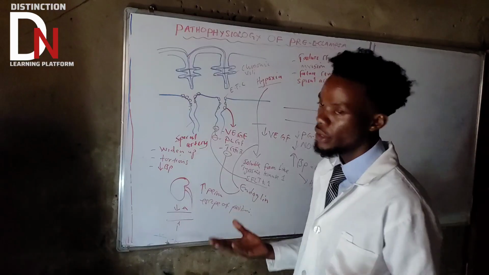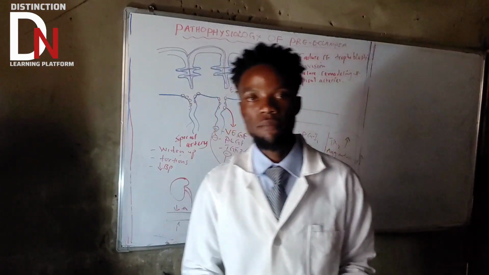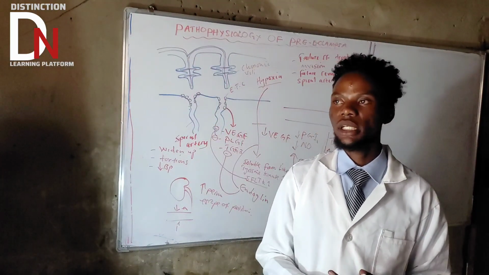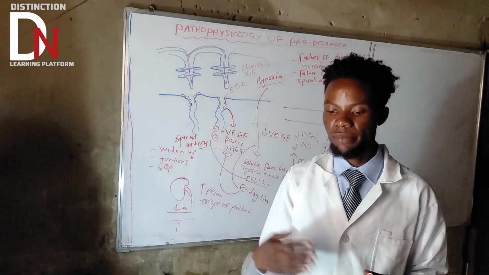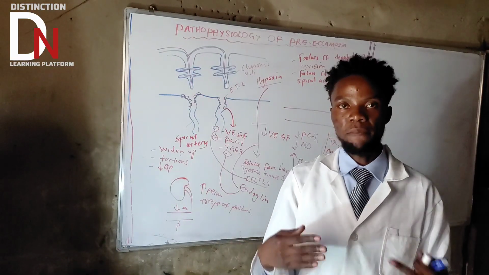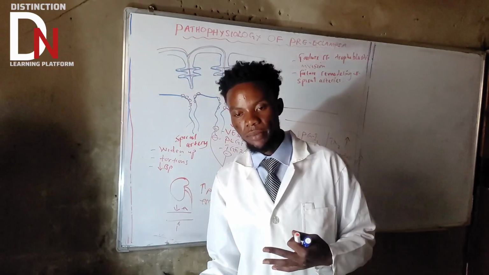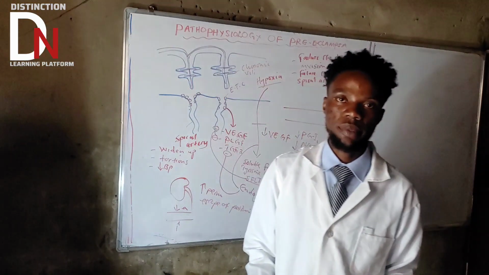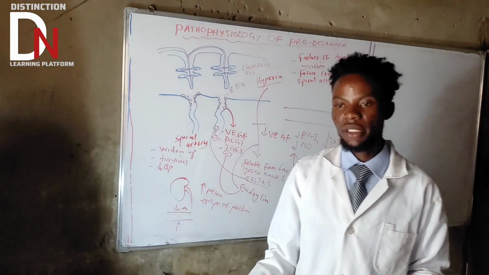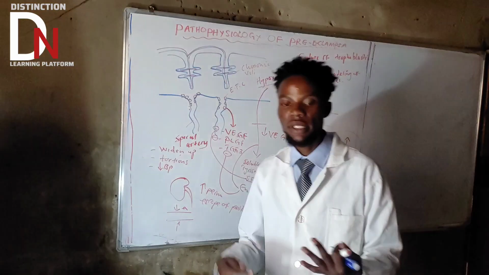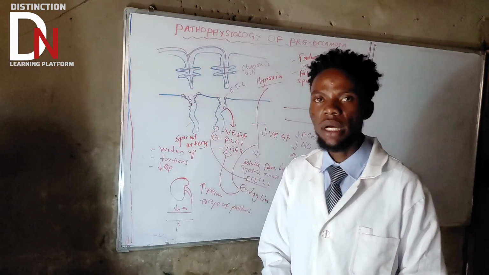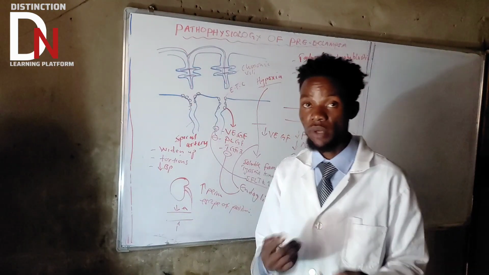Then what are the complications of pre-eclampsia? There are a lot of complications, but basically under obs and gyn, make sure that you categorize them into maternal complications and fetal complications. Under maternal complications, you are going to have a lot of things. There will be liver hematoma, that's the first one. What's the second one?